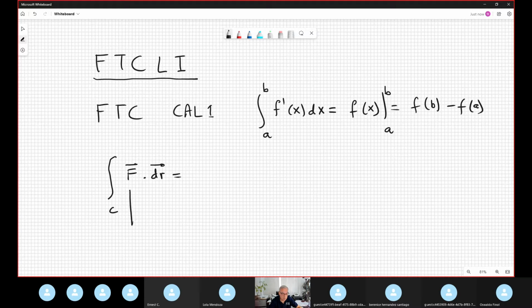This is the most important moment: conservative. Therefore, I can assume that this vector field comes from the gradient of a hypothetical potential function.